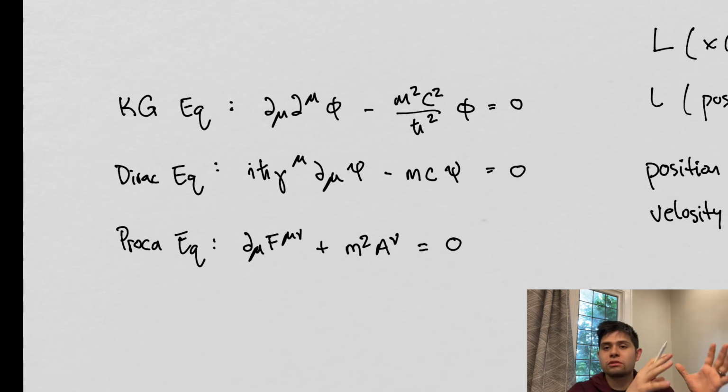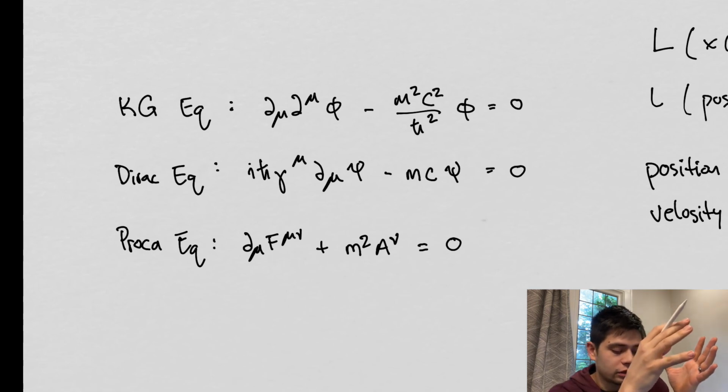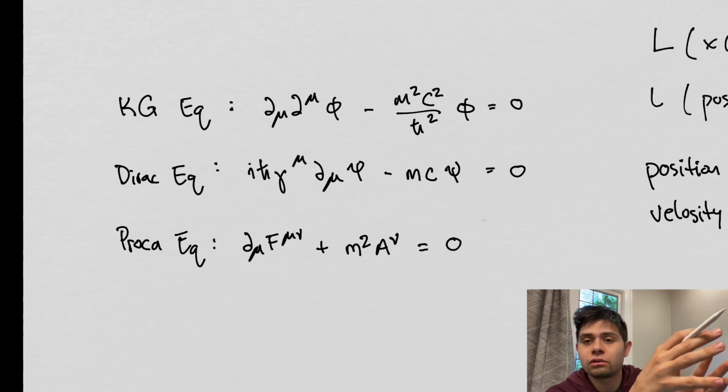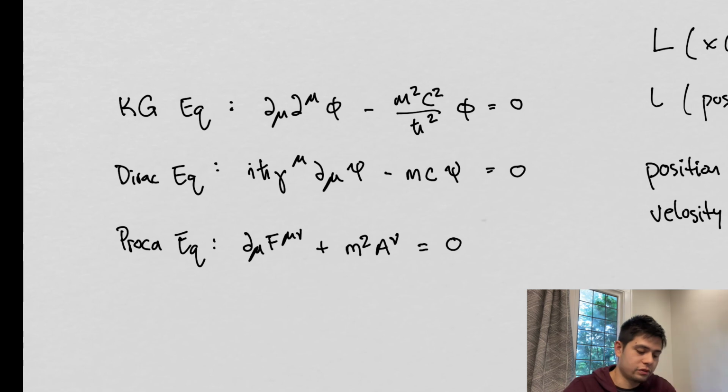When we perform the Euler-Lagrange equations on the Klein-Gordon Lagrangian, we get the Klein-Gordon equation, which is right here. I did not write the Klein-Gordon Lagrangian out. I definitely will later. I'm just writing down the equations of motion for right now.